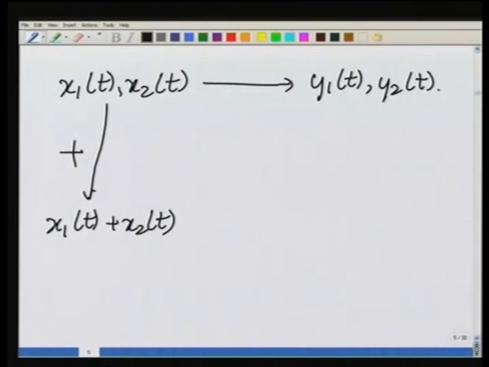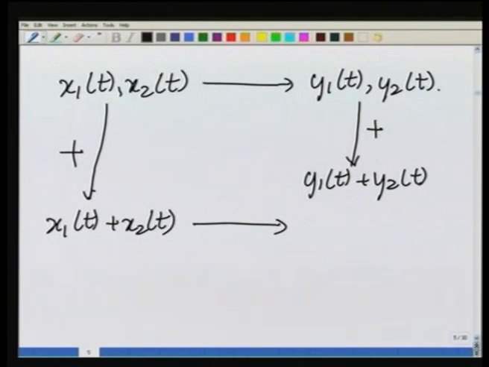What we will do, of course, is as with the test for homogeneity, we will apply this combined signal x 1 t plus x 2 t to the same system and see what we get as the output. Here, of course, we will on the other side add y 1 t and y 2 t to get y 1 t plus y 2 t.